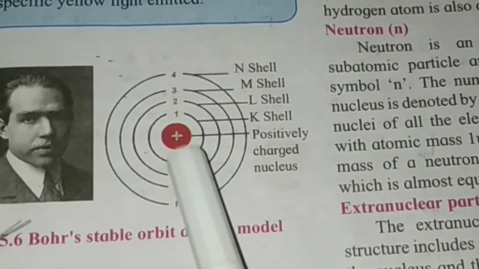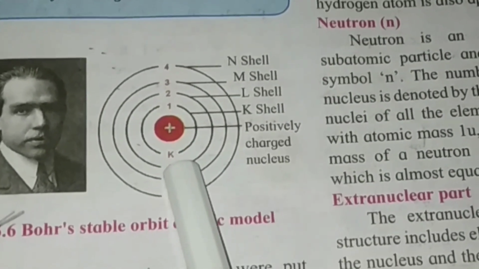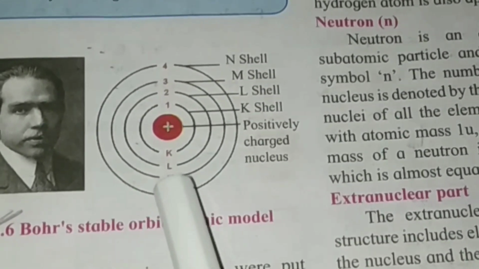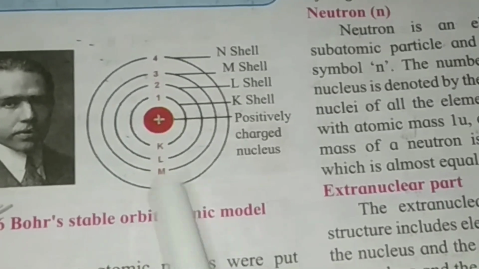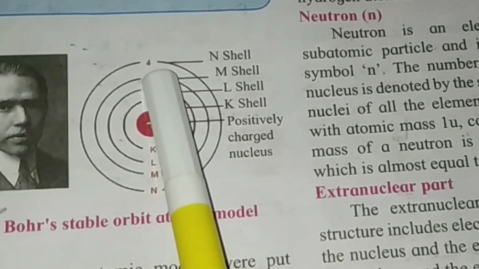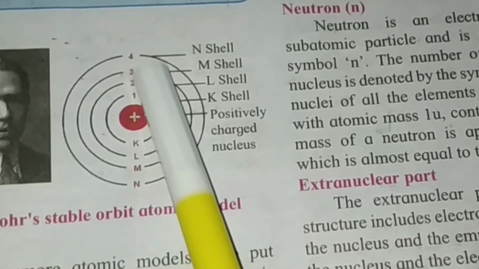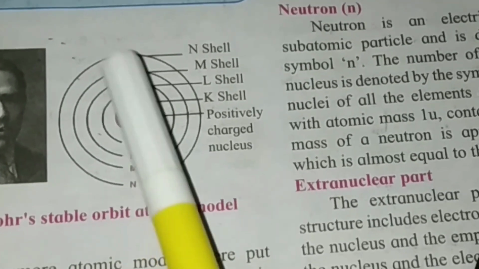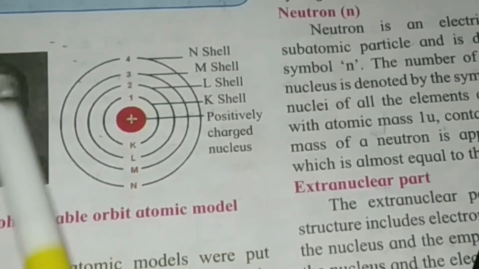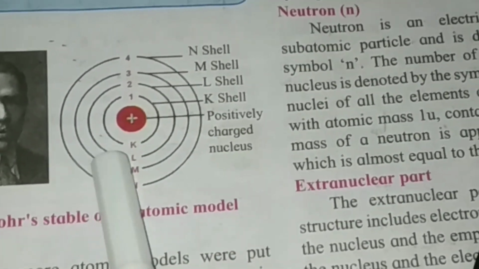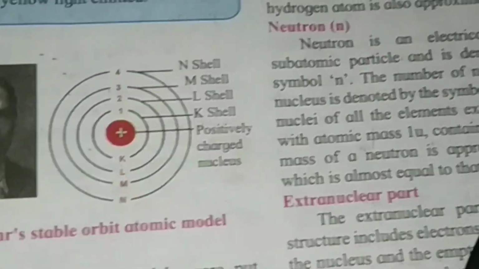The shells are referred to by the symbols K, L, M and N, corresponding to the ordinal numbers n, that is 1, 2, 3 and 4. The maximum number of electrons a shell can contain is given by the formula 2n square. As the magnitude of n increases, the energy of an electron in that shell increases. Okay.